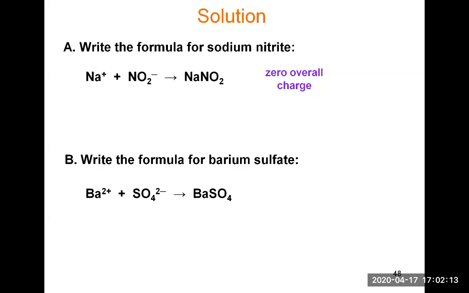And so you need just one barium and one sulfate, and the formula is BaSO4. Again, we don't need parentheses around the polyatomic ion because it's only one. We just write the formula like this. And so the overall charge is 0, and that's the proper formula for those two.